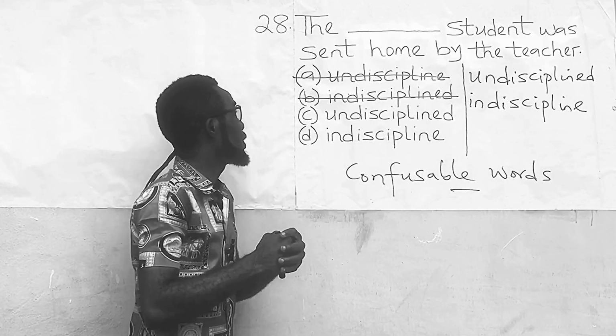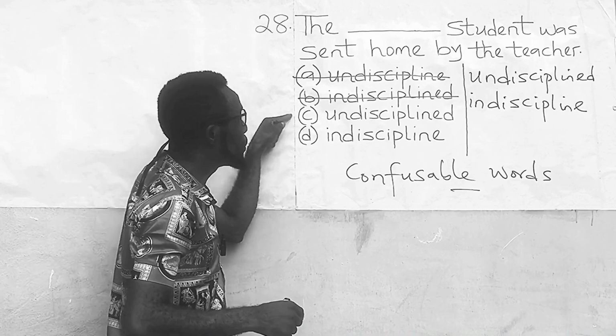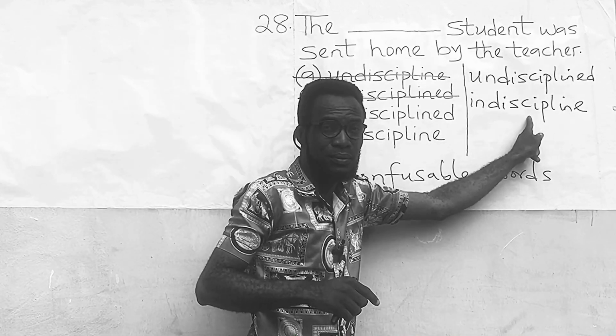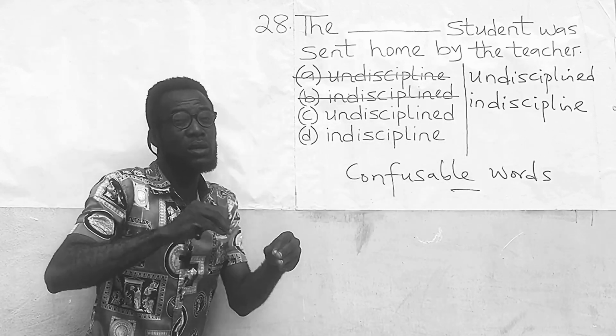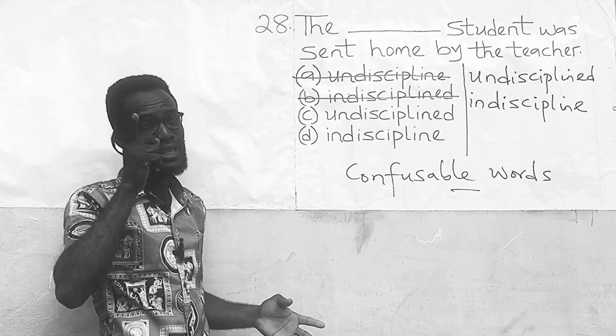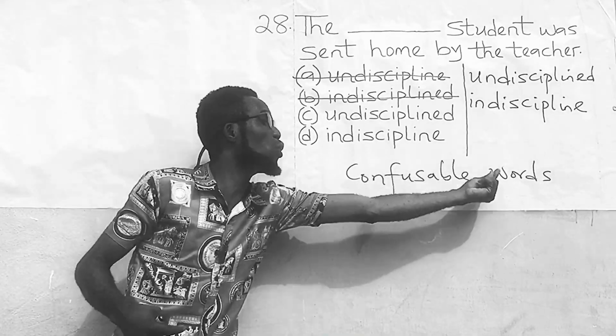In summary, this question wants us to choose between undisciplined and indiscipline. And in case you don't know, these two words are two of the confusable words we have in English. That is why this question is from the topic confusable words.